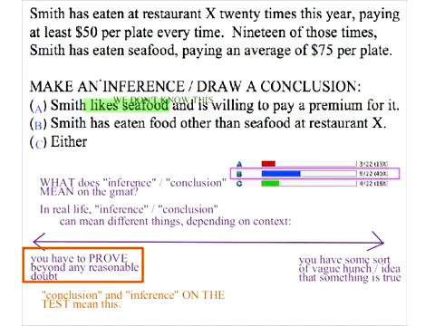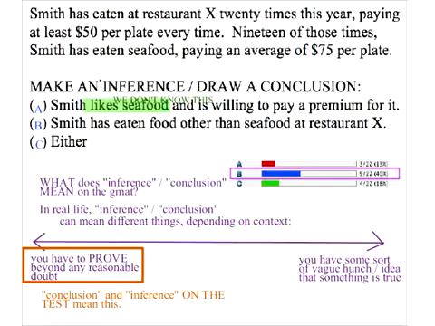Like a lot of Catholics eat fish on Friday. Maybe restaurant X is a seafood restaurant and only has other food on special occasions. The point is there's a whole lot of reasons that are perfectly reasonable why Smith might be eating so much seafood besides Smith likes seafood. So this is not proved beyond any, there are plenty of reasonable doubts here.